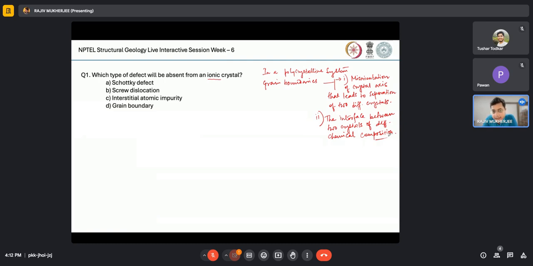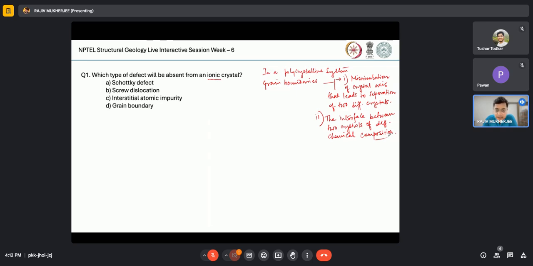So point defects do not have a mechanical origin. See, dislocation or grain boundaries, these kind of things, are associated with mechanical origin. But compositional heterogeneity would only affect the point defects.